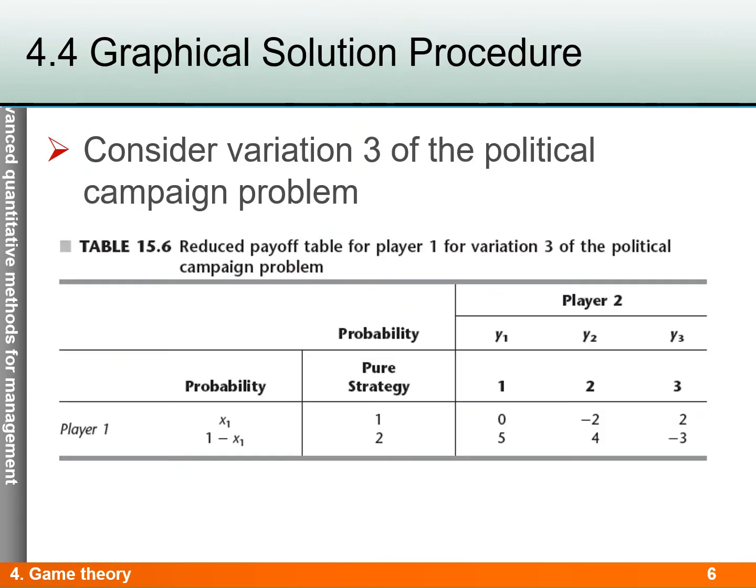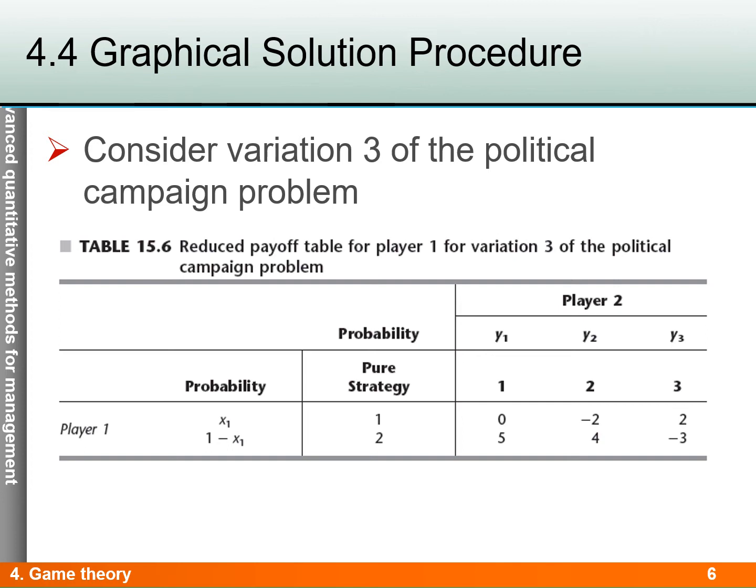In this slide, I want to start the graphical solution procedure. As you remember, in the previous slide's flowchart, if the table is 2 multiplied by n or m multiplied by 2, the solution was the graphical solution. Why?